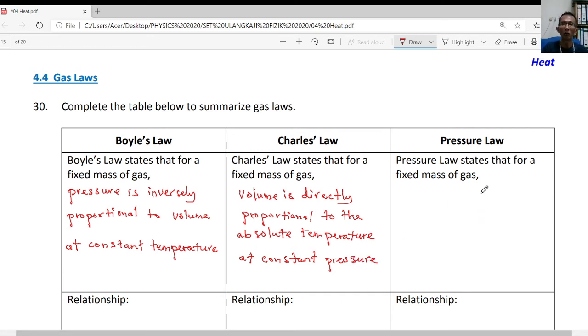Now, pressure law says that for a fixed mass of gas, just like before, just like Boyle's law and Charles' law, pressure is directly proportional to the absolute temperature.